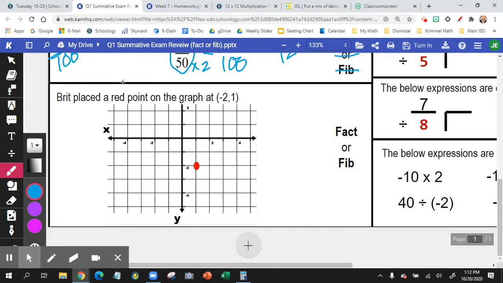So Britt placed a red point on the graph at -2, +1. So we need our ordered pair where x and y are going to go on the coordinate plane, x first, then y. So we're going to go x, -2. And then we're going to go y, +1.